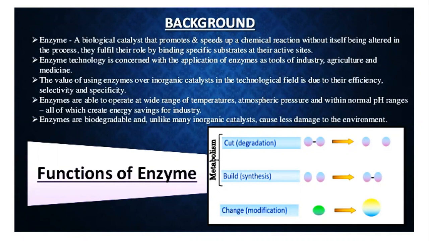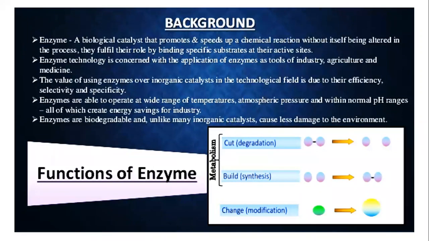So basically, the functions of an enzyme are that it can degrade or build some products by acting on the substrates, and these two are categorized as metabolism. When the enzyme builds or synthesizes something, that is known as anabolism, and when it degrades some substrate and a product is formed, that is known as catabolism.